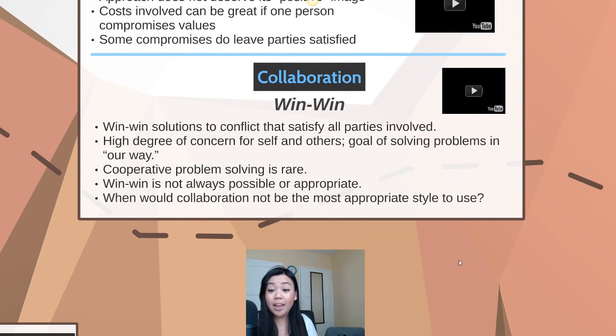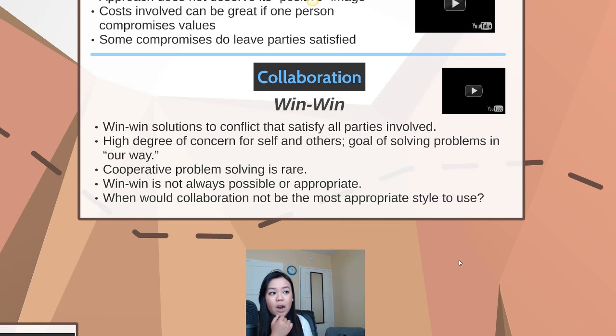And so if you do it successfully, though, unlike competition where you have a high concern for yourself and a low concern for others, here in collaboration, you try to balance both. You have a high concern for yourself and a high concern for other people. And so the whole mentality is we, not me, right? So it's not just what I want, but what is the best way to solve this problem for us, right? For our needs, what we want.